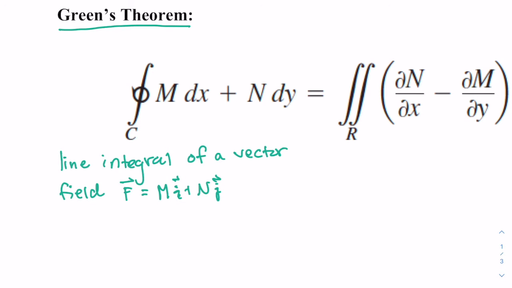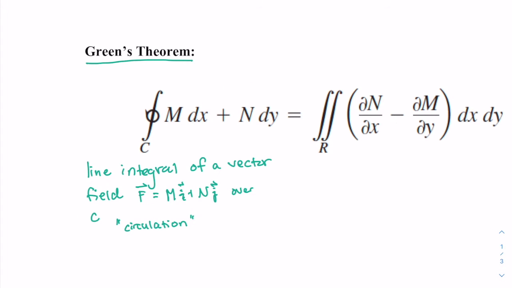That's where you get M and N, the components of the vector field, over C, where C is the path you're integrating through. And we call this the circulation. We've talked about that before.